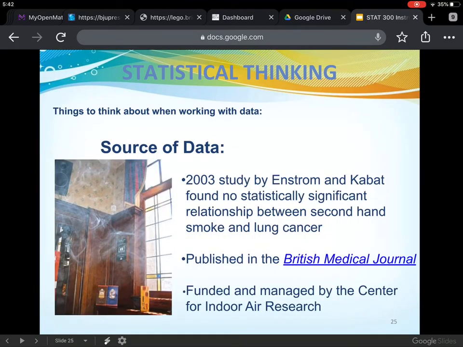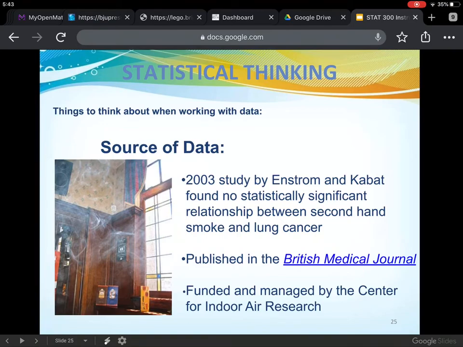The next thing to think about is also the source of the data. When you're working with data, consider where you are getting this information. Who did the study? For instance, in 2003, a study by Engstrom and Cabot found no statistically significant relationship between secondhand smoke and lung cancer. That's huge, right? You have this association that you can get lung cancer from secondhand smoke as well.